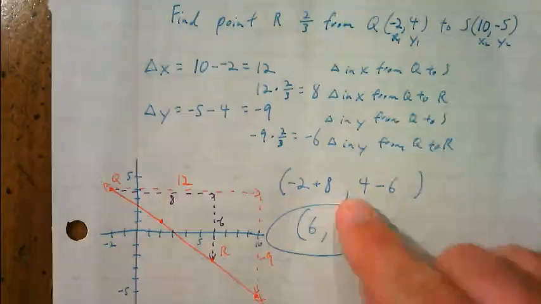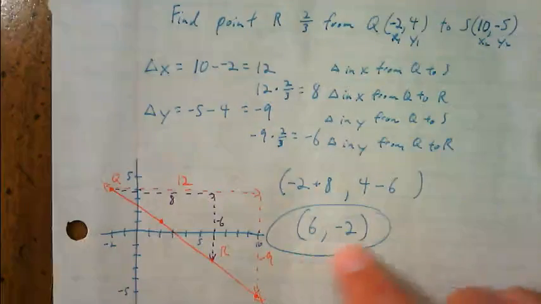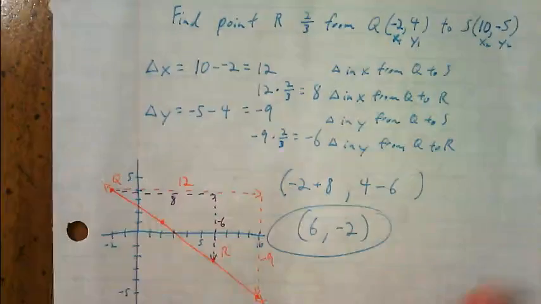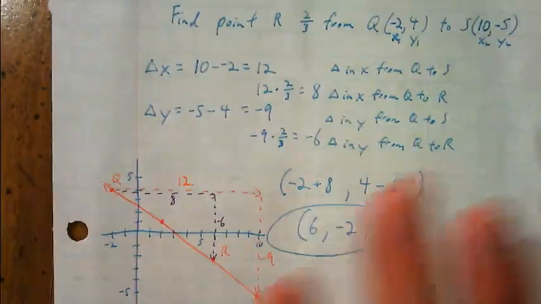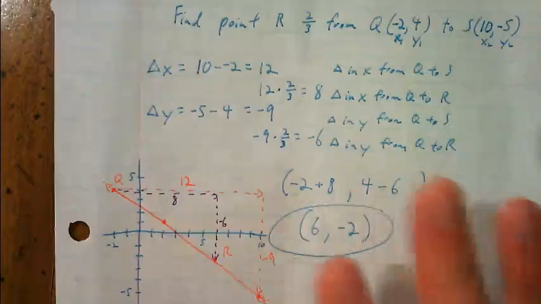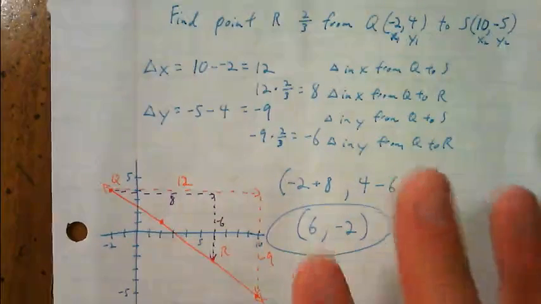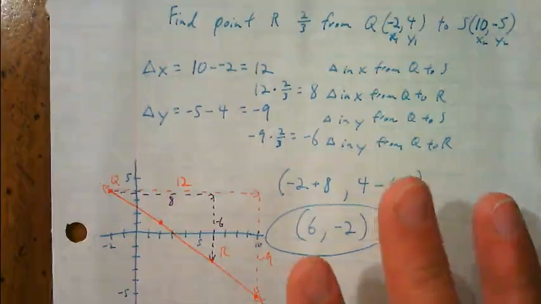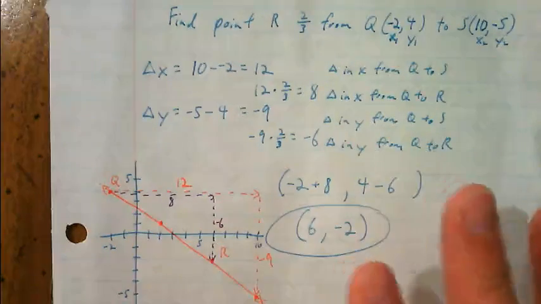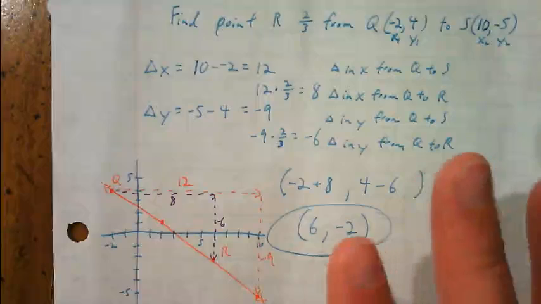So we added it back to the original Q values to get our new point. Now, I feel like I made this look complicated because I wanted to make sure I explained it in full detail. I'm going to do one more problem real fast from scratch where I don't show all this work because, again, you shouldn't have to do all this work in order to get there.